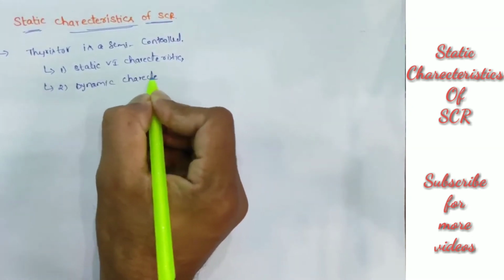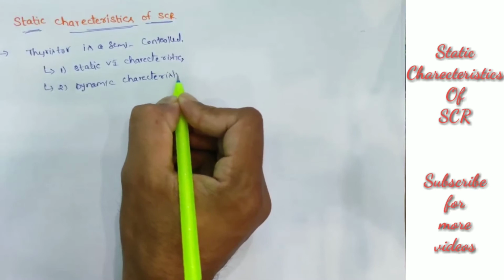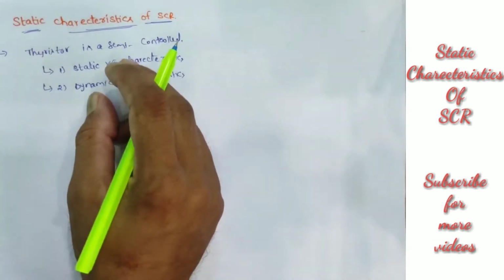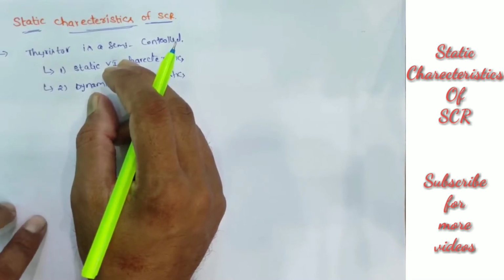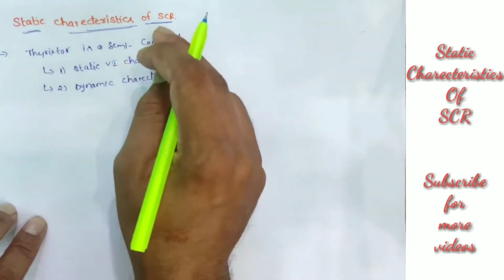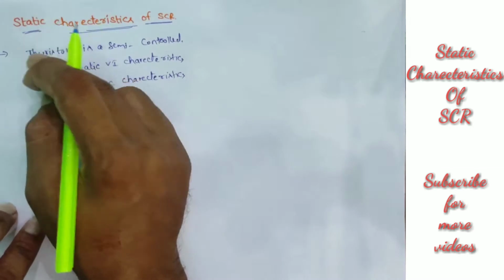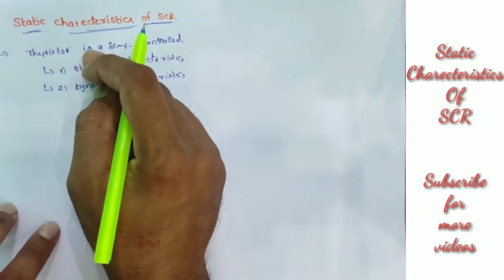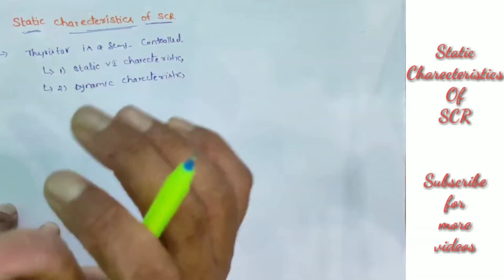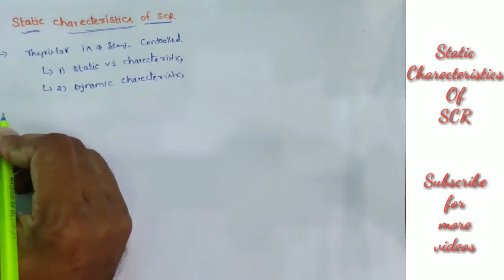In this video, we are going to discuss only the static VI characteristics. The static characteristics means the characteristics of a switch when it is in its on state or off state. I will write that here.